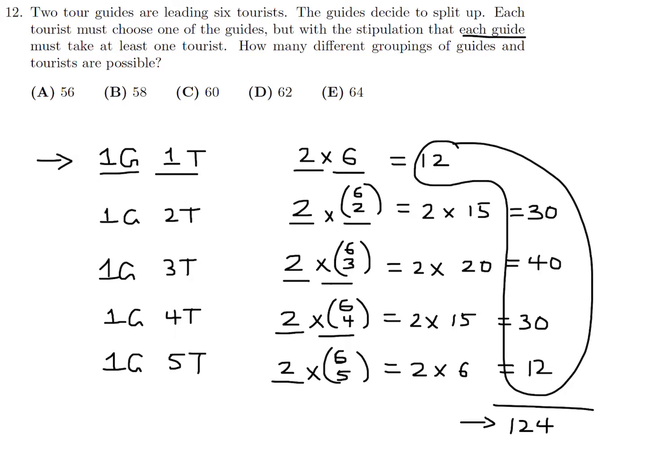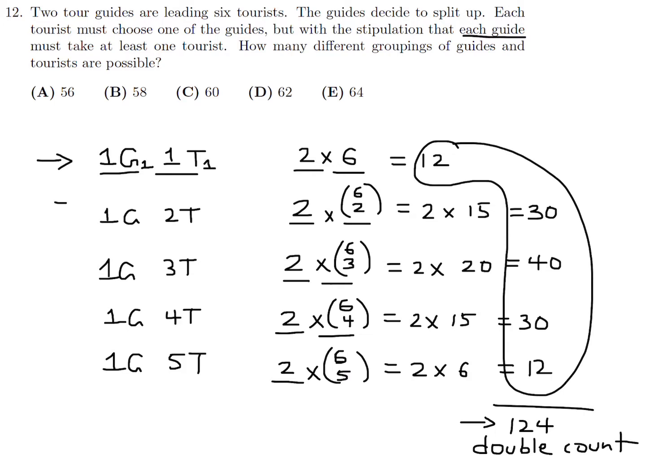But this double counts. Why does it double count? Let me explain. For example, if you have this one, 1 guide and 1 tourist, let's say that guide is guide number 1, and the tourist is tourist number 1.